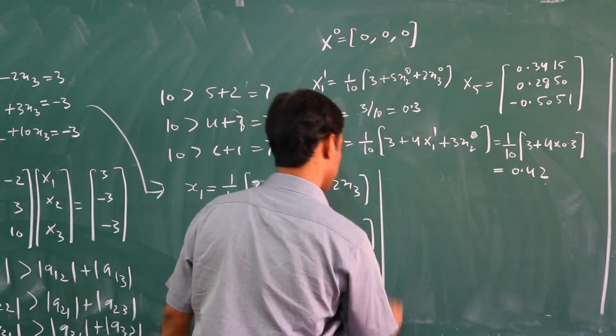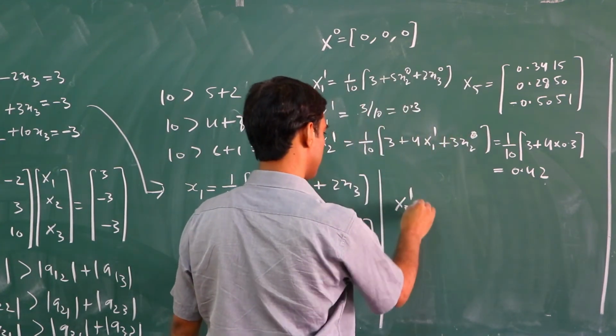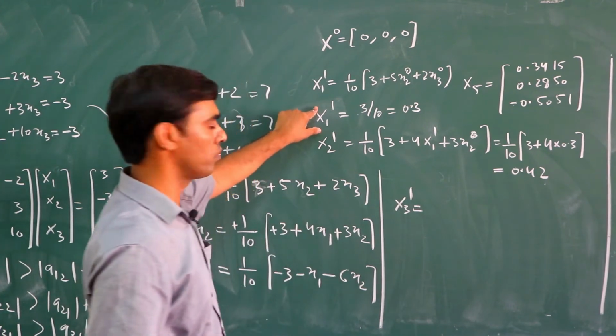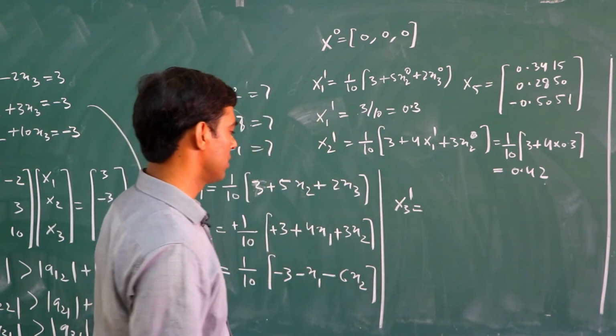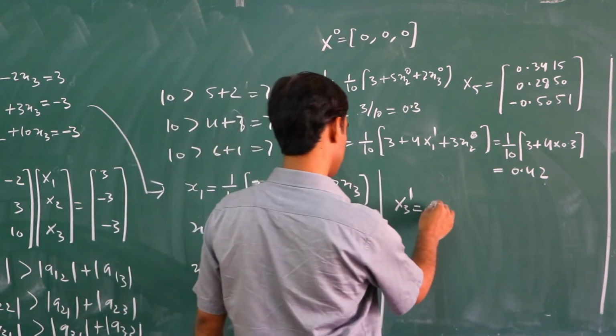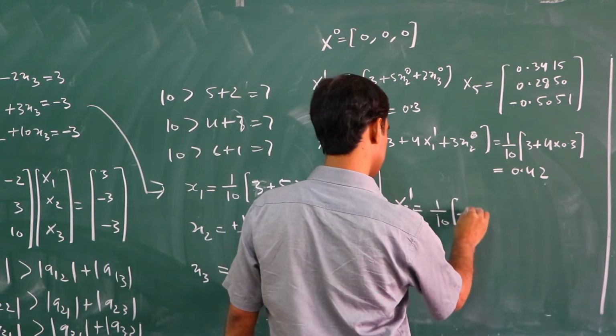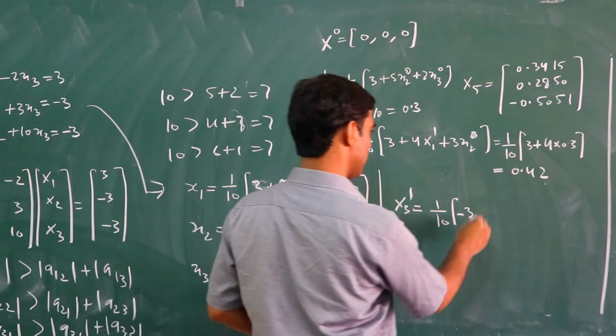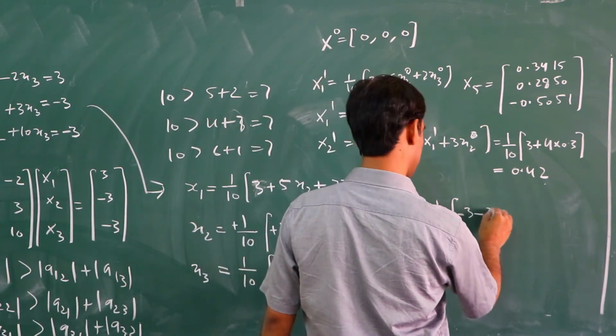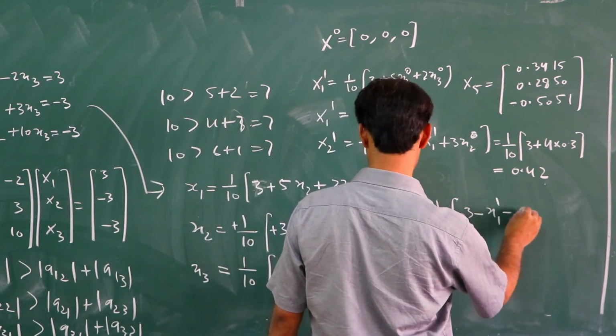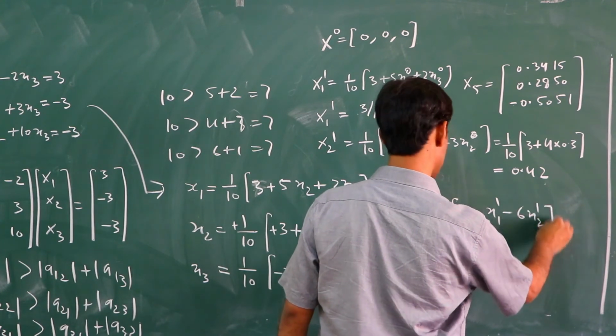Similarly, what is the value of x3^(1)? For x3^(1), again we use the values of x1^(1) and x2^(1). So x3^(1) becomes 1/10 (3 minus x1^(1) minus 6 x2^(1)).